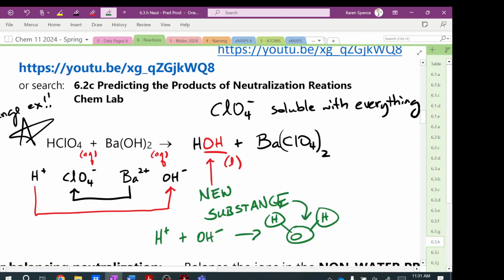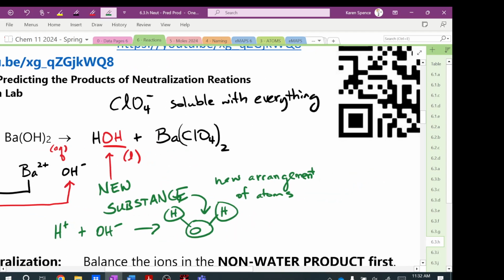So this is not no reaction. It is a reaction because we have produced water, which is a new arrangement of atoms. Therefore, a reaction has occurred.